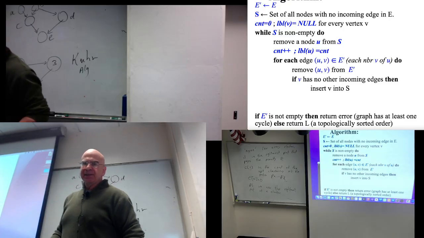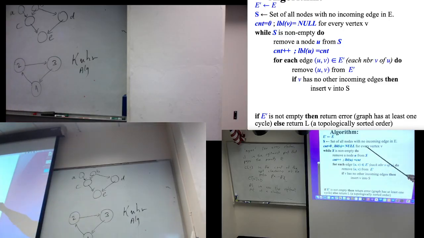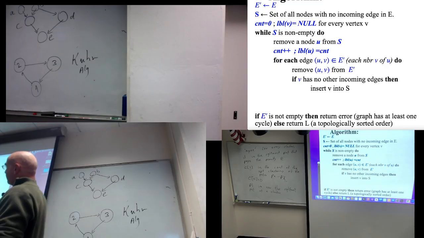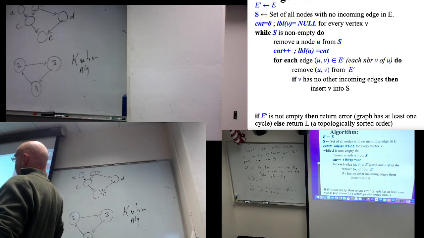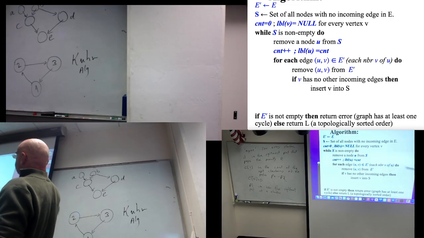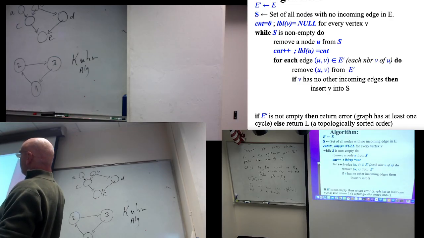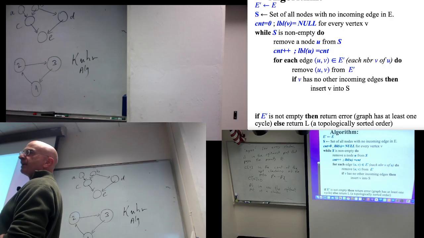It will start with a set of edges, E prime, which is just the same set of edges. And I'll keep a counter that I'll use to give the label for every vertex. At the moment, the label of every vertex v is null, doesn't exist. And S is the set of all the nodes with no incoming edge.